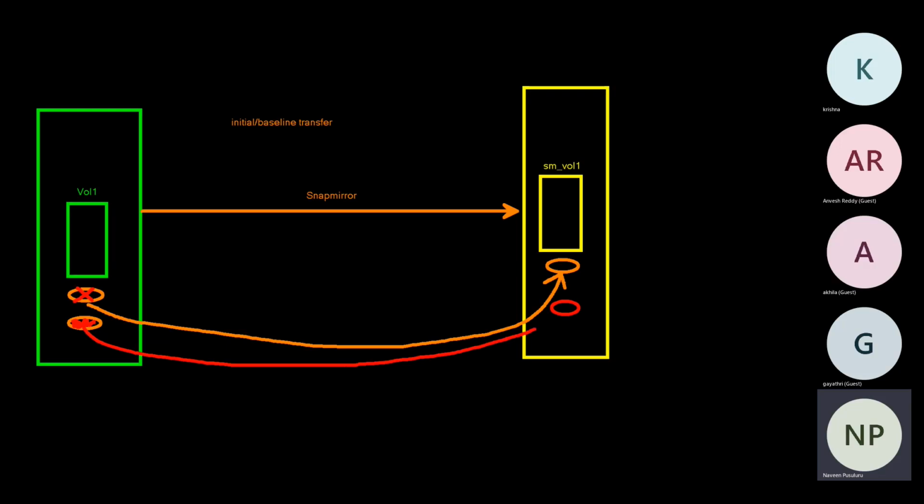Again, it will compare these two snapshots during the next transfer and transfer the data changes from source to destination. After that, it will create another snapshot like that. SnapMirror also works based on snapshot technology only. That is the reason I told you, if you understand snapshots, it will be very easy to understand the remaining concepts. Any questions on how SnapMirror works in the backend?